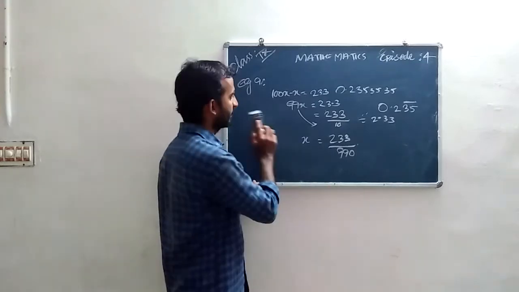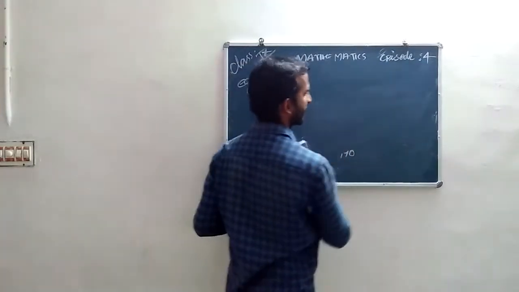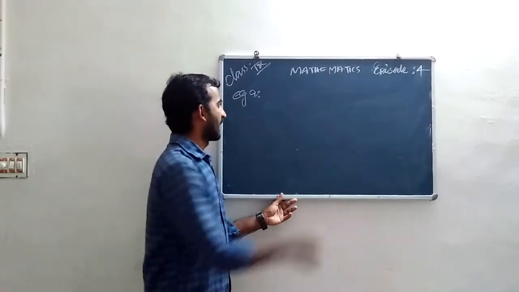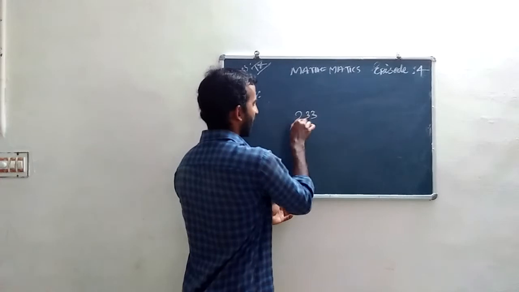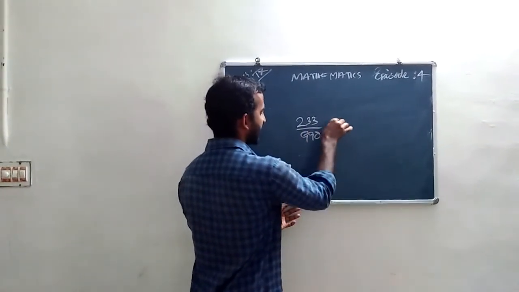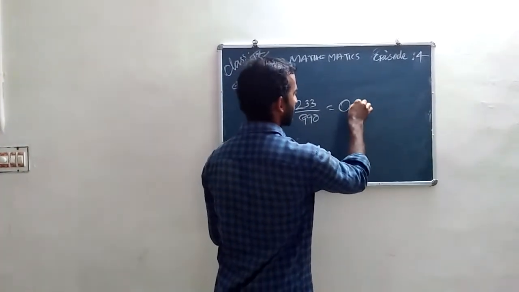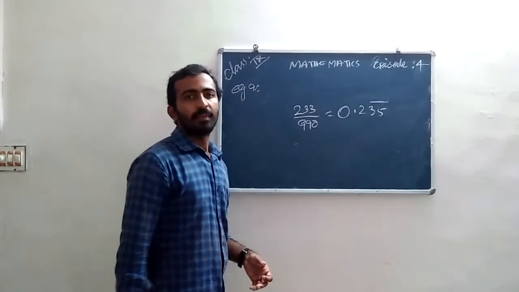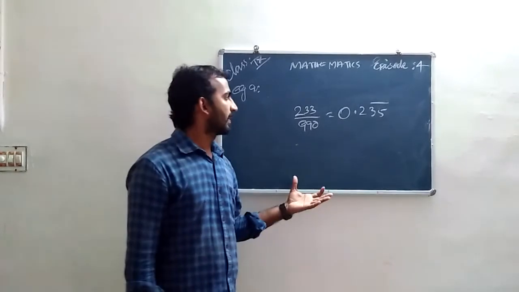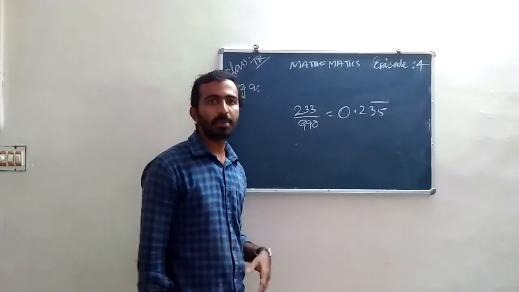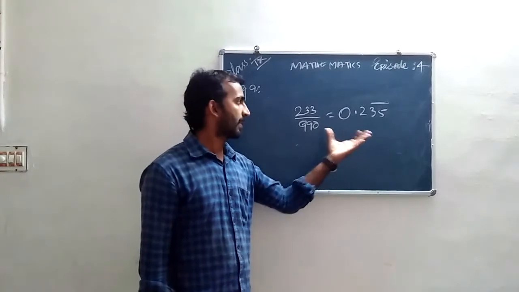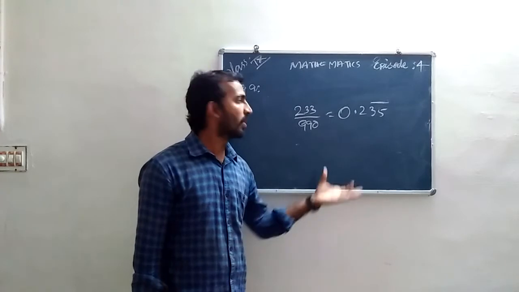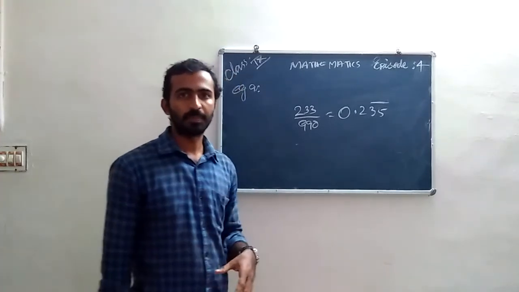Okay. That is 233 by 990, which we can write as 0.235. When we consider the decimal expansion of a rational number, it is terminating or non-terminating recurring.